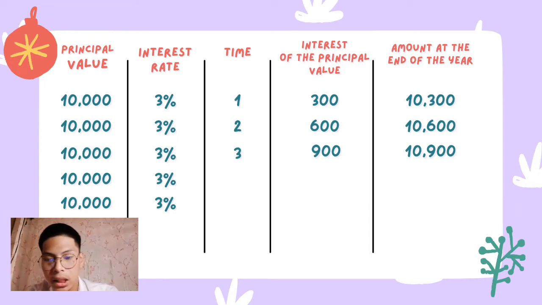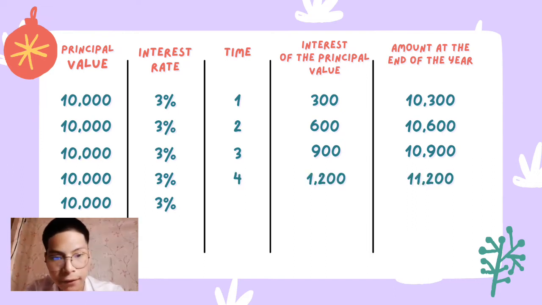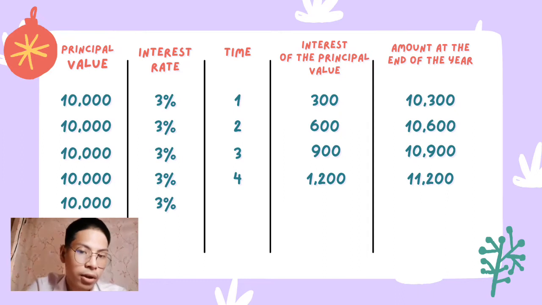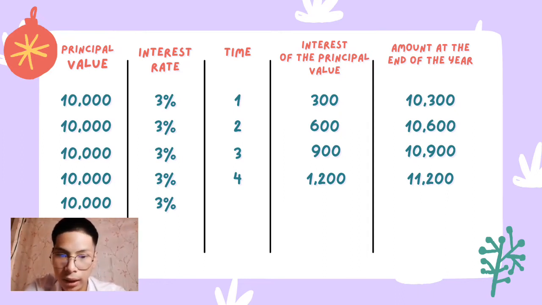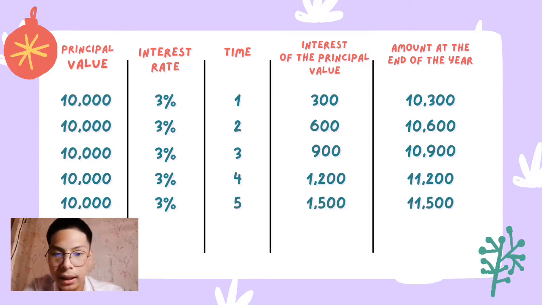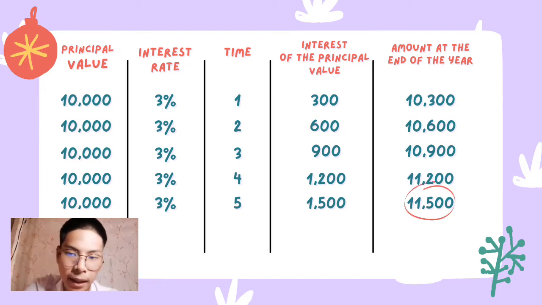In 3 years it is 900, so Ian has 10,900. In 4 years it is 1,200, so Ian has 11,200. And lastly, the 3% of 10,000 in 5 years is 1,500, so Ian has 11,500.